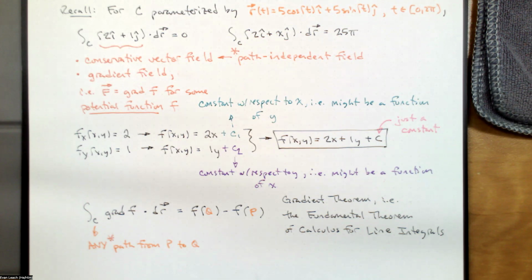We can take any path from P to Q, and the line integral would just be the difference in the potential function at the endpoints of the path. Path independent or conservative. If a vector field is conservative, then it is a gradient field.